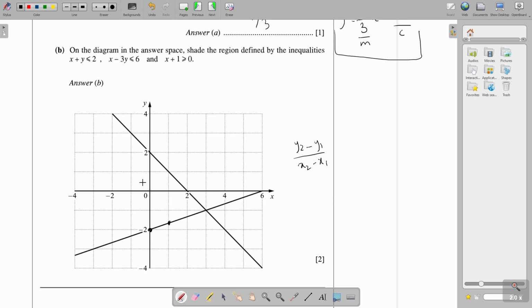We'll take this as our point 1, so this is 0 and -2, and this point will be about 1 and then minus 1.8.